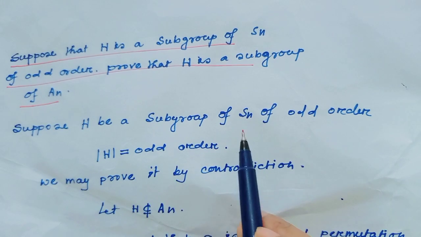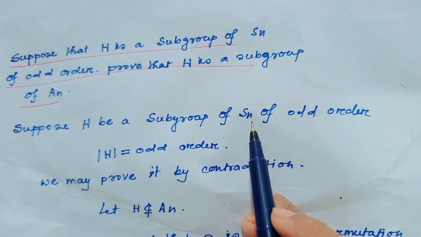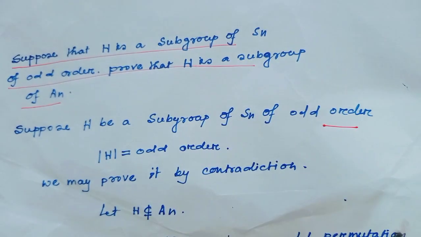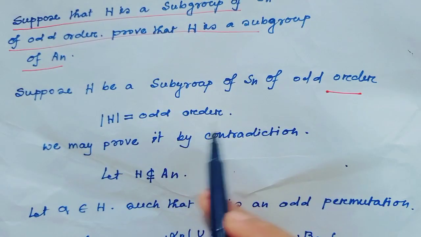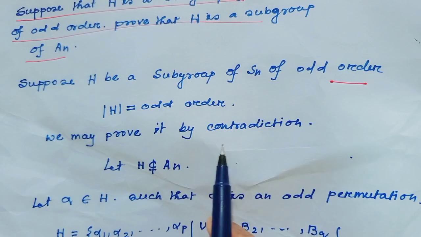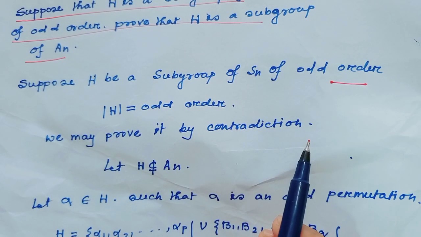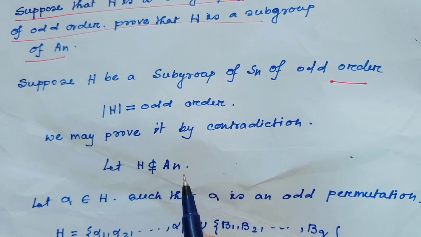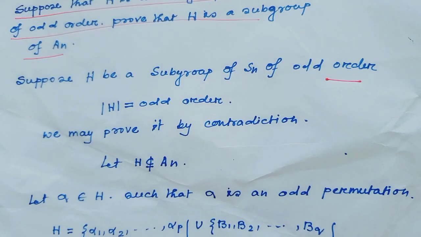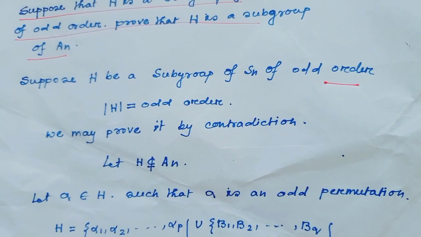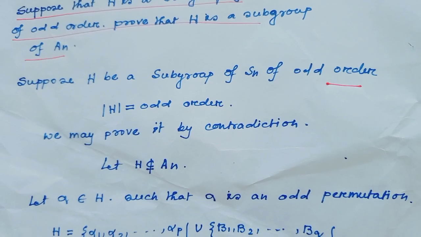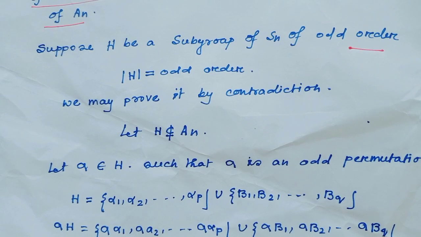Suppose A is a subgroup of the permutation group Sn of odd order, that means the order of A is odd. Then we may prove it by contradiction. That means consider A is not a subgroup of An, but actually we have to prove A is a subgroup of An. By contradiction I will prove it.